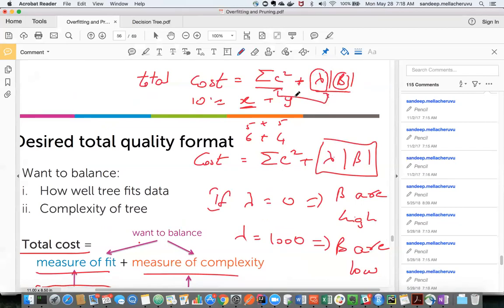Are you guys clear or not? Yes, Sandeep. This is another way of looking at lambda. In our ridge regression, we mentioned this as alpha. But whichever it is, if you increase that quantity, the beta values will decrease. If you decrease that quantity, beta values will get increased. Is that intuitively clear?